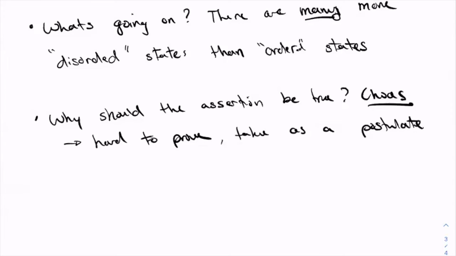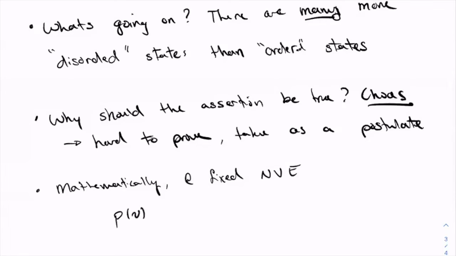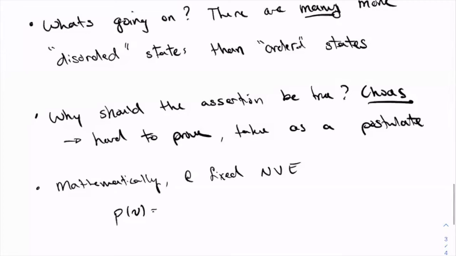A mathematical representation of this postulate: at fixed number of molecules, volume, and energy, the probability of any microstate is proportional to a constant. That constant we can write in this specific way. Oh, that's a very terrible omega. Let me try again.